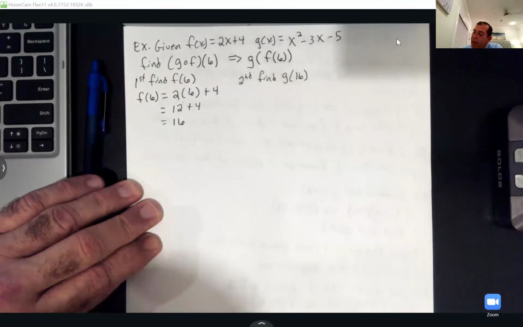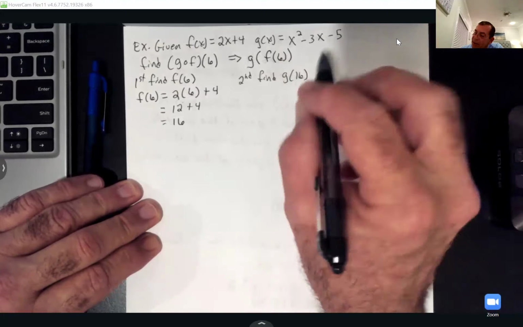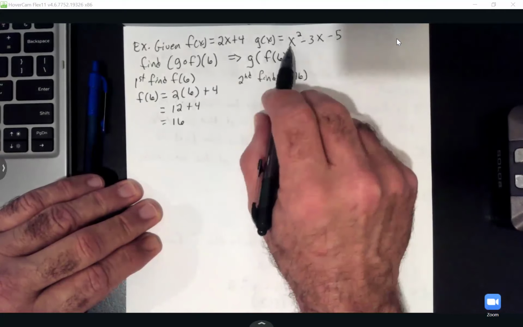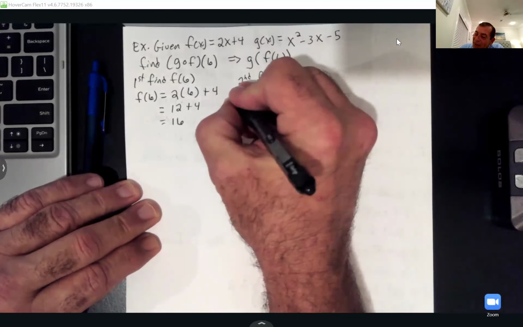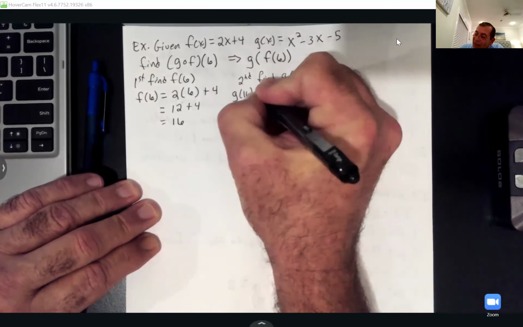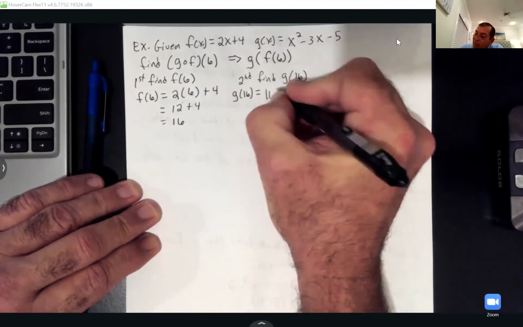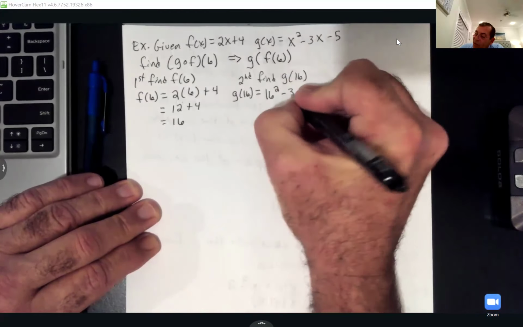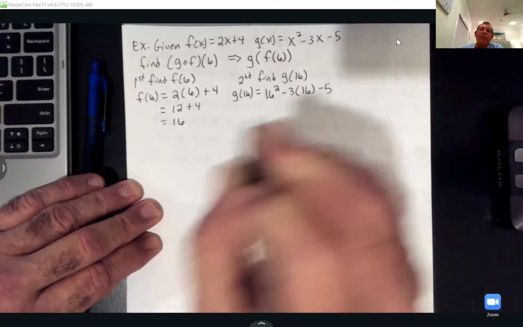Woo, y'all, that's going to be big, and I got exponents in here. We're about to square that 16, it looks like. So we're going to throw a 16 in for both of these x's. So G of 16 will equal 16 squared minus 3 times 16. And y'all, 16s are hard.